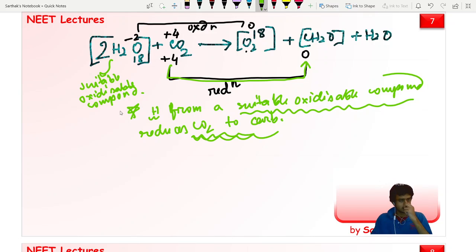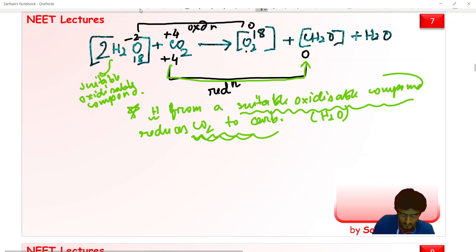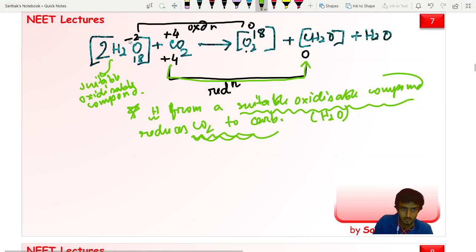I told you previously that H2O is the suitable oxidizable compound in case of photosynthesis, because oxidation is happening, because the oxygen is going from -2 to 0. This is oxidation, so this is a suitable oxidizable compound because oxidation is happening in case of the oxygen atom.